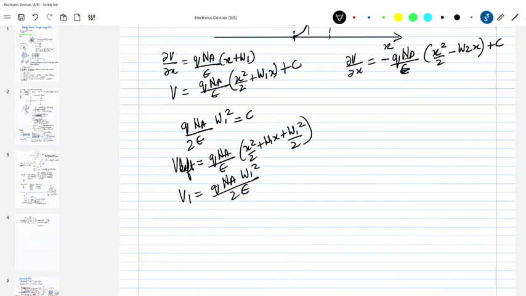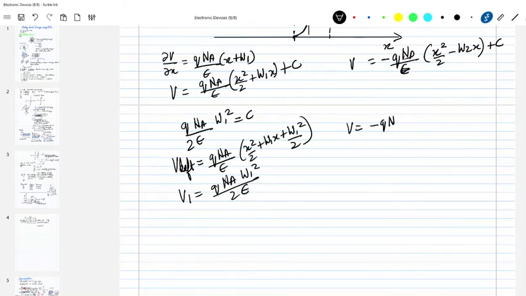This is the proportionality constant, right? Similarly, I want to find out at x equal to 0 what is going to happen. So let's integrate this. I have already integrated this, so V equal to V1 at x equal to 0.